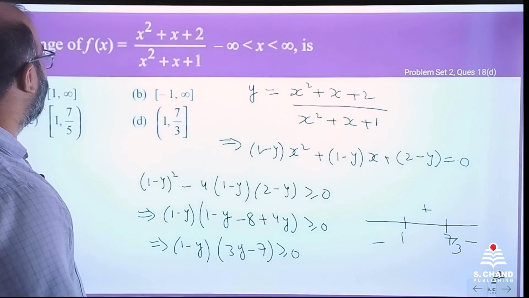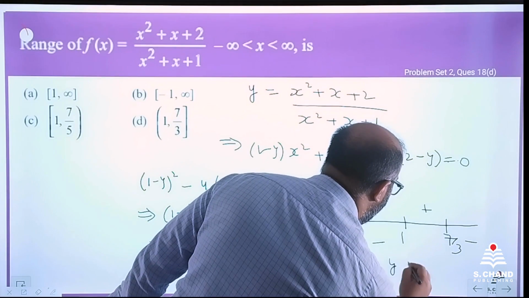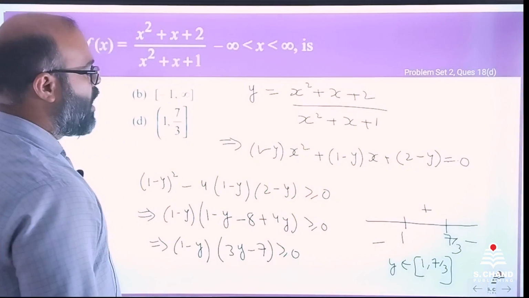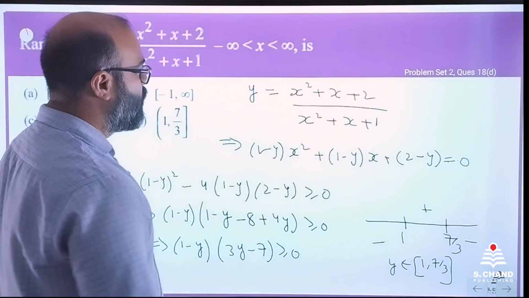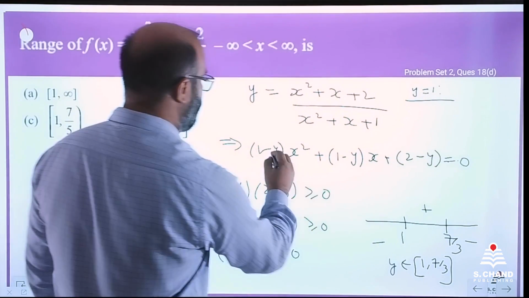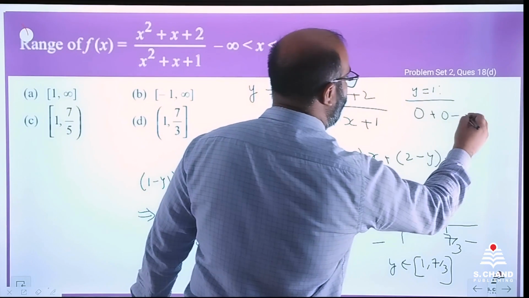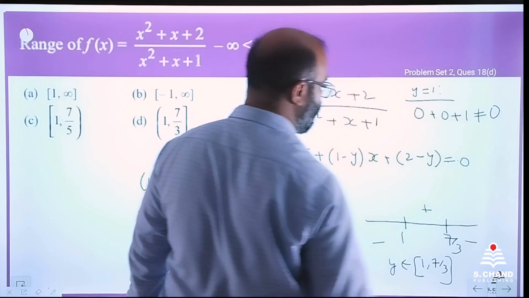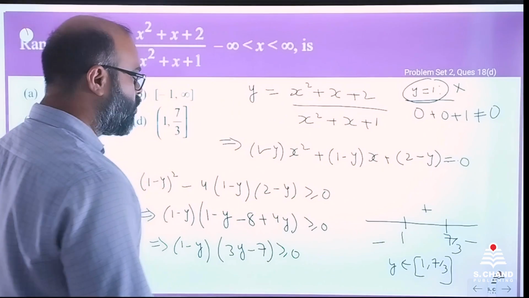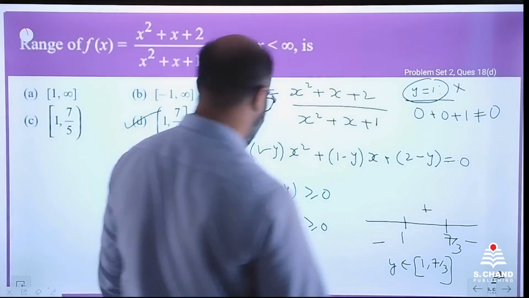And of course, from here we are getting y belonging to [1, 7/3]. But if we take y equal to 1, there would be a problem. If we take y equal to 1, what will happen? This will become 0, this will become 0, and this will become 1, which is of course not equal to 0. So we have to exclude y = 1. So y cannot be taken at 1. So it is 1 excluded till 7/3.